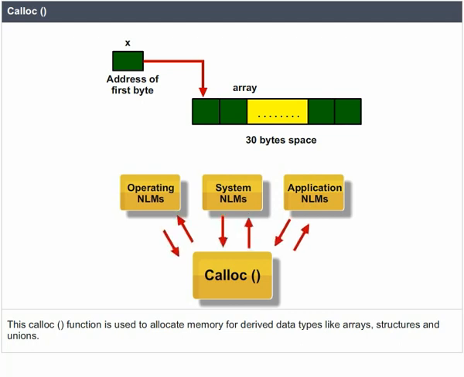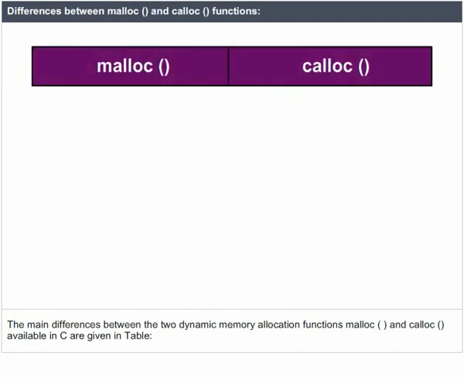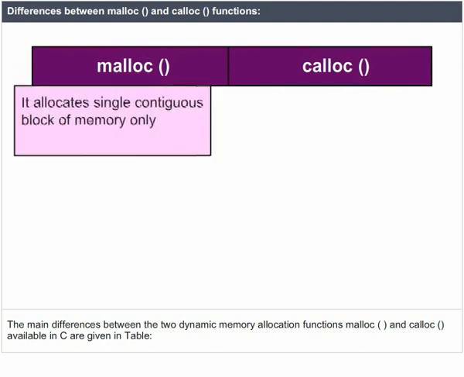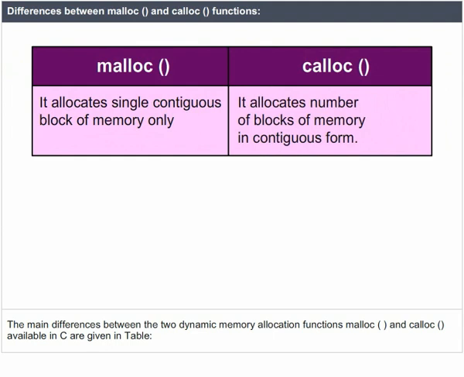Differences between malloc() and calloc() functions. The main differences between the two dynamic memory allocation functions, malloc() and calloc(), available in C, are given in a table. Malloc allocates a single contiguous block of memory only. Calloc allocates a number of blocks of memory in contiguous form.